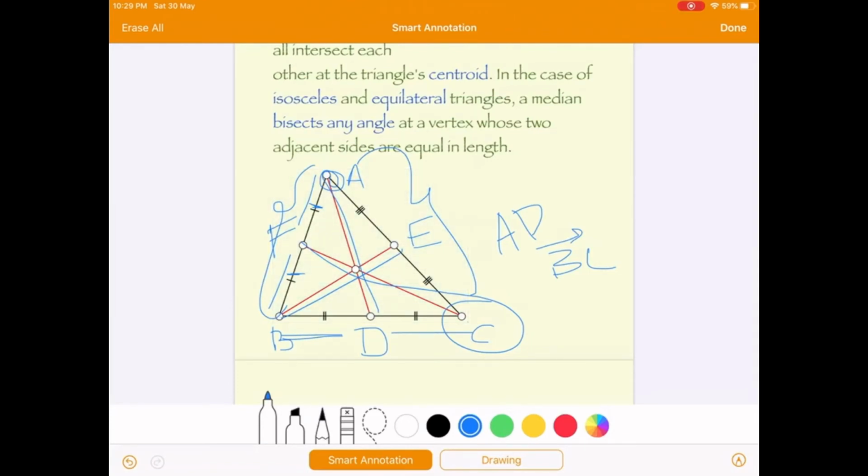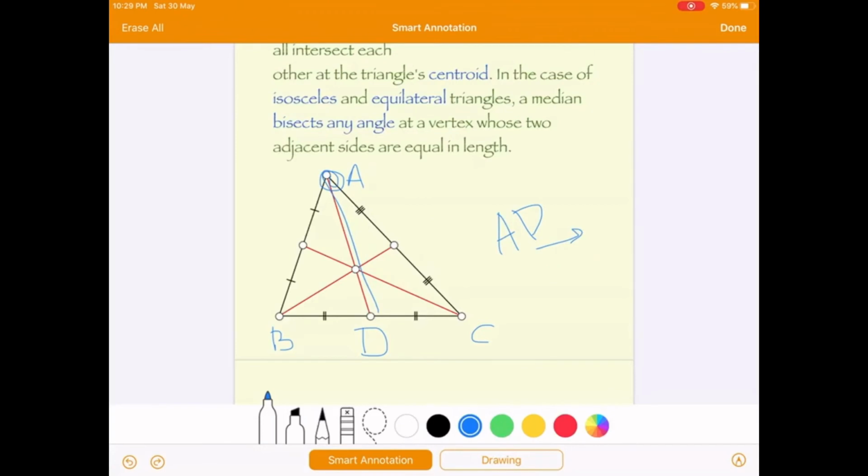Okay, so as we saw that altitude, when all 3 altitudes meet, the meeting point is known as orthocenter. Now what in case of the median? What is the meeting point of medians known as?